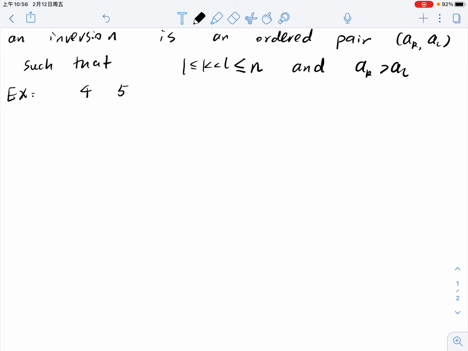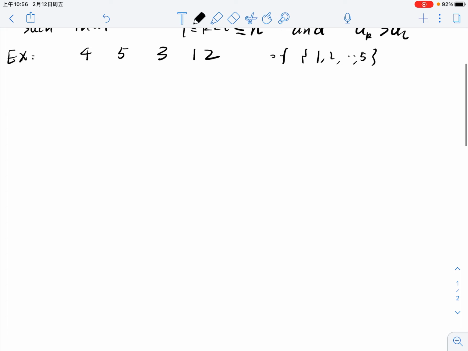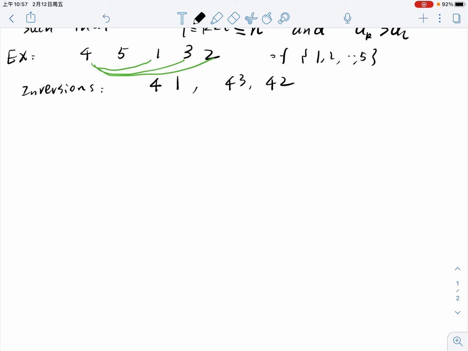So for example, if we have the following permutation of 5 elements, then we can enumerate all the inversions as follows. For 4, you have 4, 1, 4, 3, 4, 2. Those are inversions.